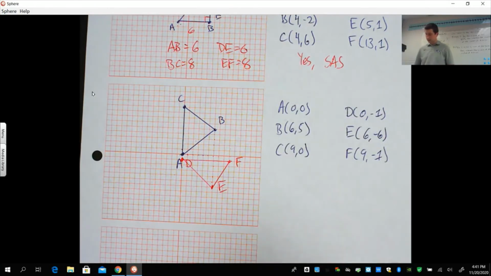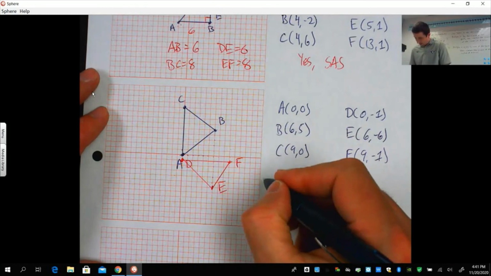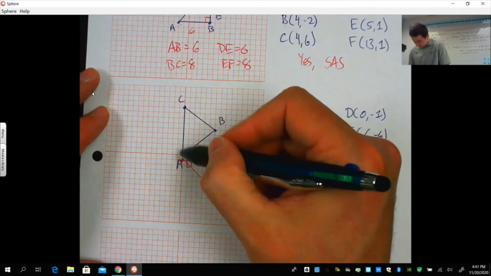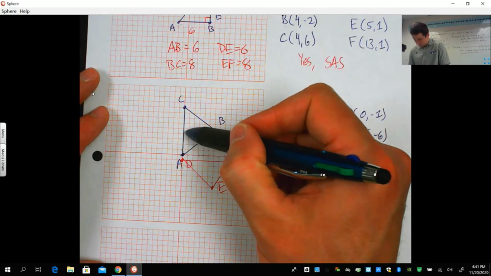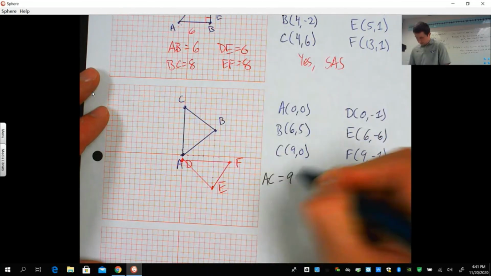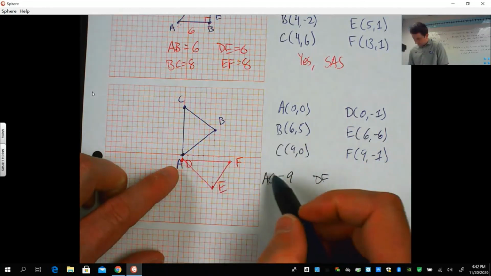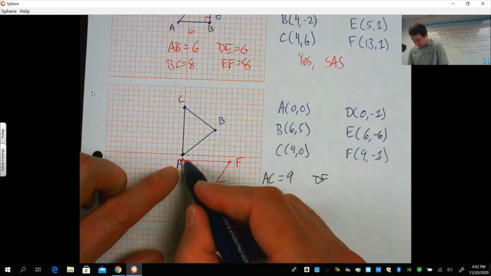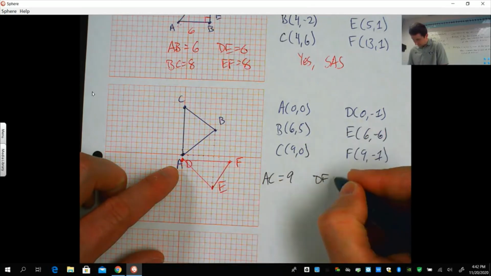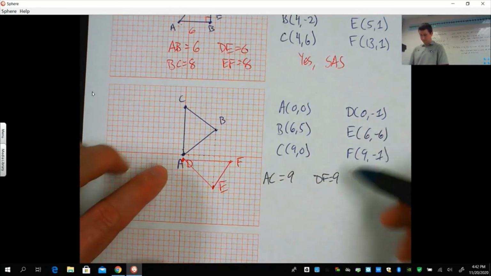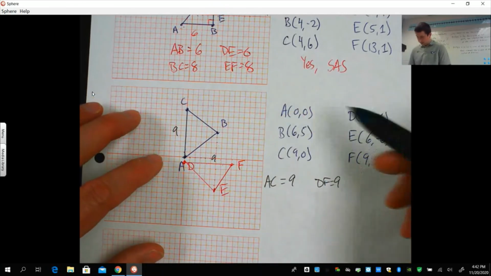Okay, so let's check the ones that are easiest to count first. AC is 9. Let's check DF. That's 9, so those are okay. 9 and 9. Okay, let's check the length of some of these others.